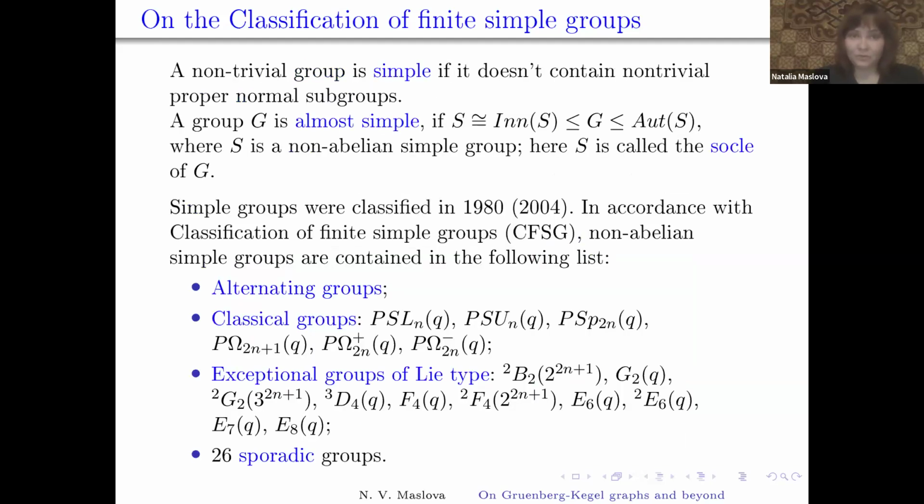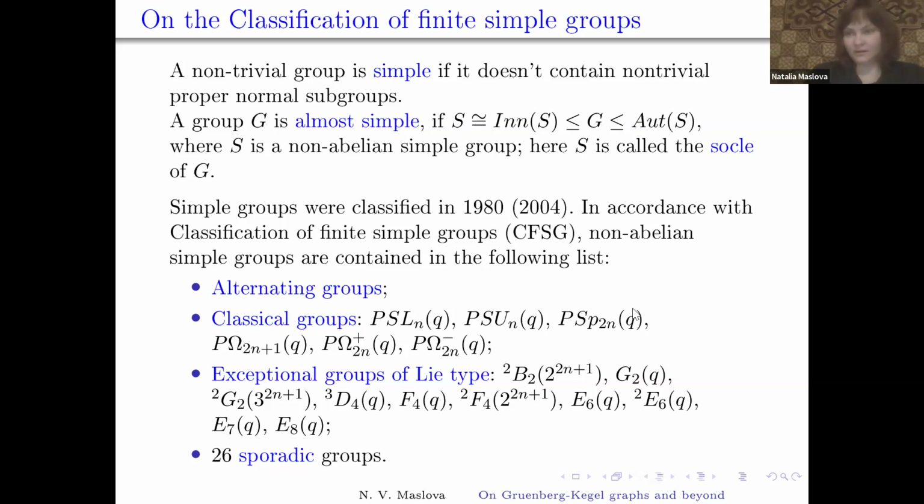A non-trivial group is simple if it doesn't contain non-trivial proper normal subgroups. As I have mentioned, finite simple groups were classified, and each finite simple group is either abelian, and then this group has prime order, or is non-abelian, and then this group is contained in the following list: alternating groups of degree at least 5, 6 series of classical groups.